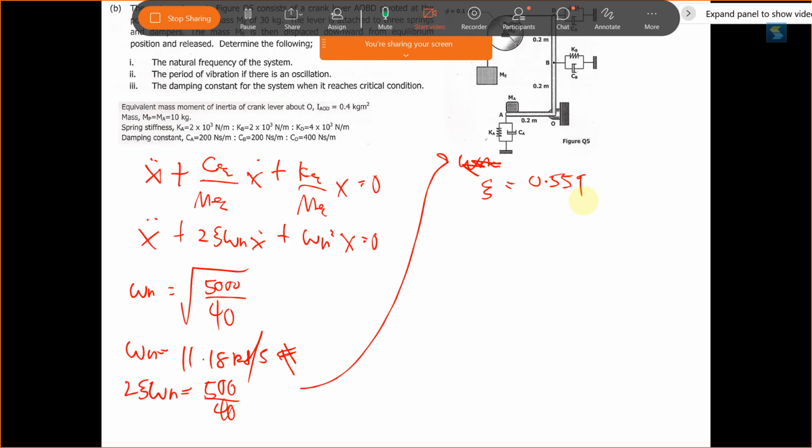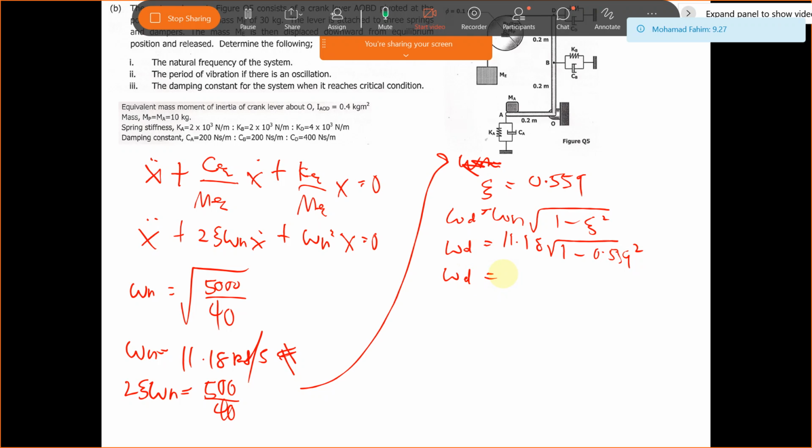So we have zeta, and now get omega d. Omega d equals omega n times square root of 1 minus zeta squared. So omega d equals omega n, 11.18, times square root of 1 minus 0.559 squared. So omega d equals 9.27. So what is our TD?